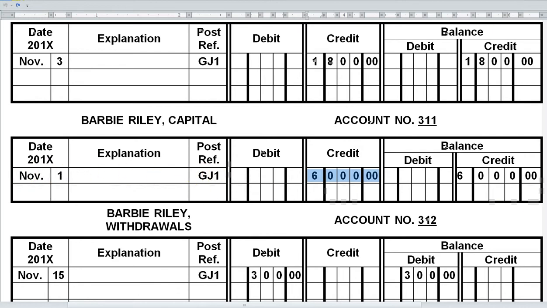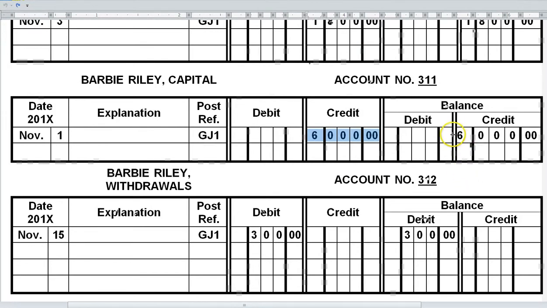So she now has a balance of 6,000. A point of information: that is not really her true equity in the business at this time, because we know that she took out 300 for personal withdrawals.